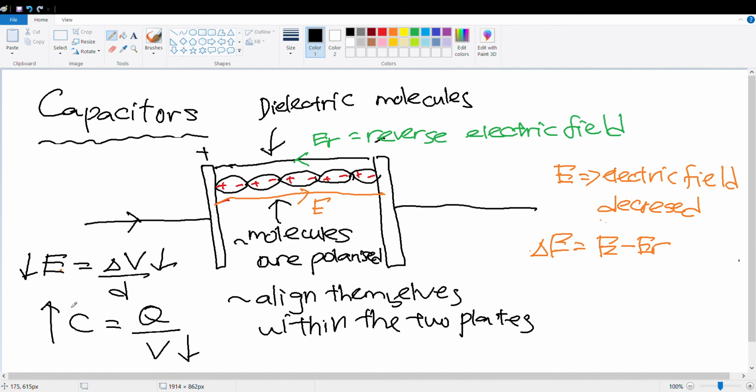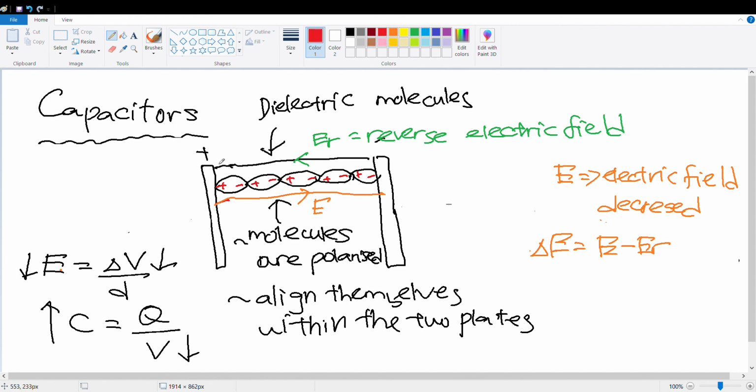Alright, I think there are some mistakes here, and this one should be an isolated charge, not a charged capacitor. This one is my mistake, sorry.